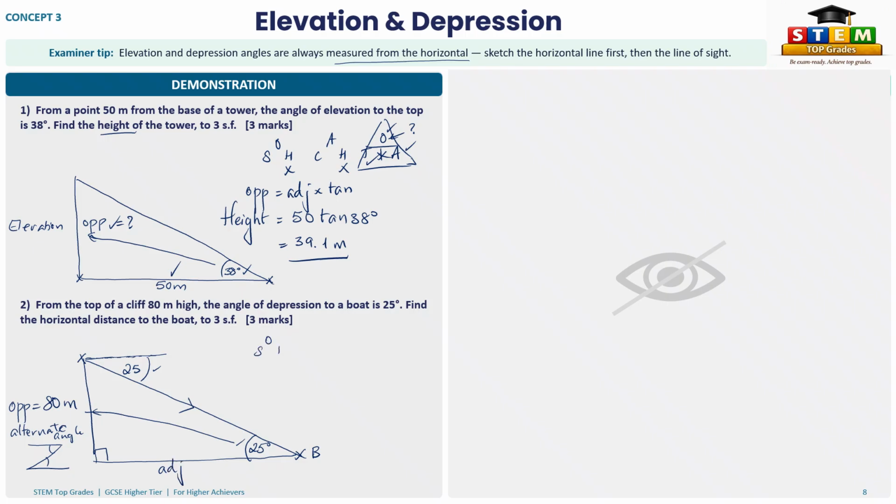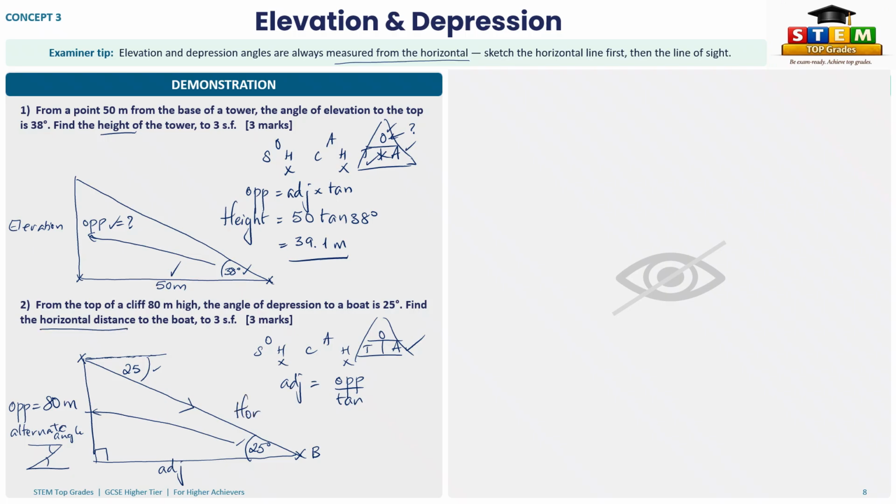So going back to SOHCAHTOA, let's eliminate the ones that we haven't been talking about at all. We have not talked about hypotenuse, so let's talk about TOA. TOA is going to help us work out the adjacent, and the adjacent is simply the opposite divided by tan. Adjacent is the horizontal distance.